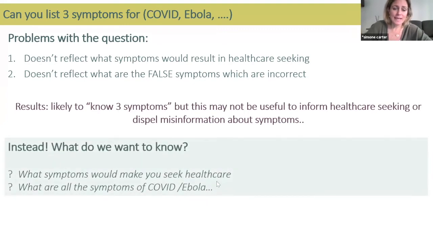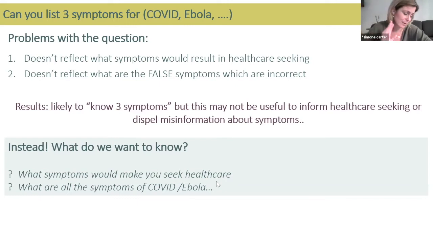So for example, we can ask instead, what are all the symptoms of Ebola, COVID, etc.? And there you might be able to pick up on symptoms that were listed that are incorrect and address the misinformation. We would also realize that some people might not list at all some of the most common symptoms, and there you would also need to highlight the misinformation about what the symptoms are. So for example, in Ebola, the misinformation is very much that you bleed from your eyes.